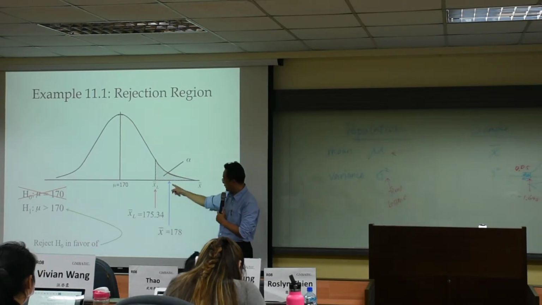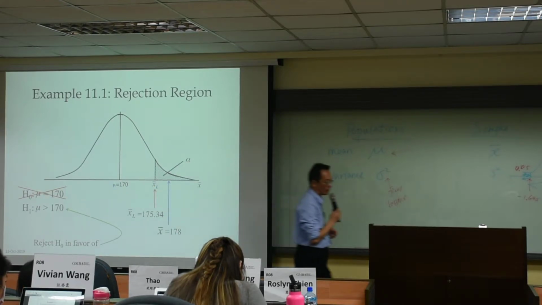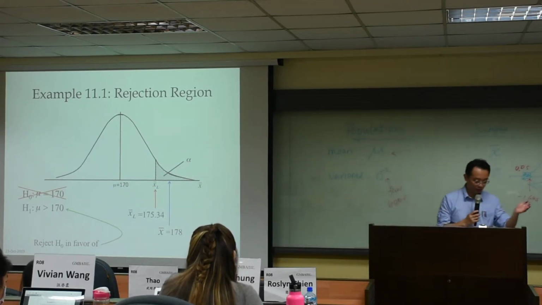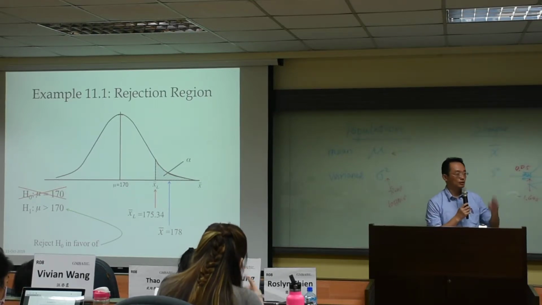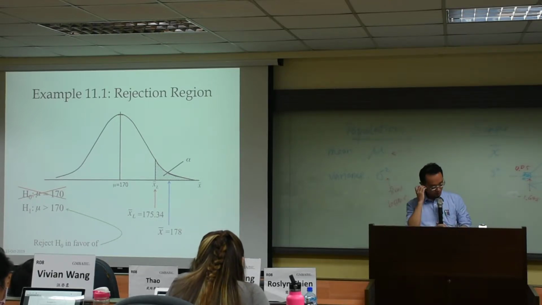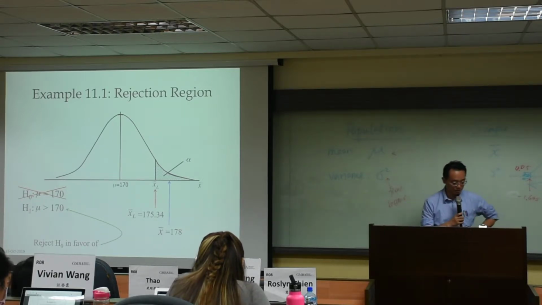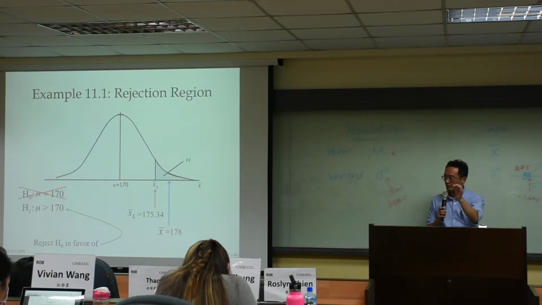We got the value here, so we reject. There's a red cross on the null hypothesis, so we prefer in favor of H1, our accepted assumption. This is the structure of the rejection region approach.